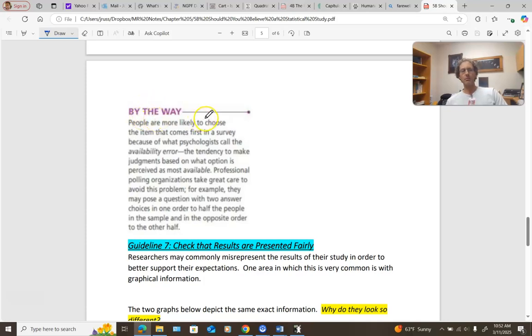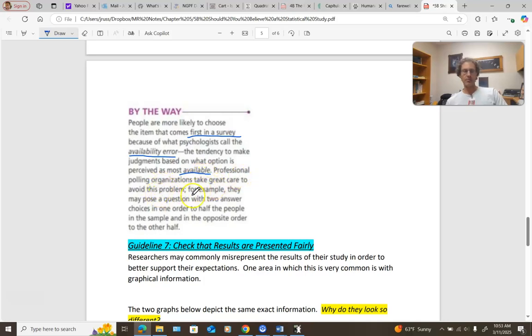It says people are more likely to choose the item that comes first in a survey because of what psychologists call availability error, the tendency to make judgment based on what option is perceived as most available. Okay? The human psyche is fascinating, guys. Professional polling organizations take great care to avoid this problem.